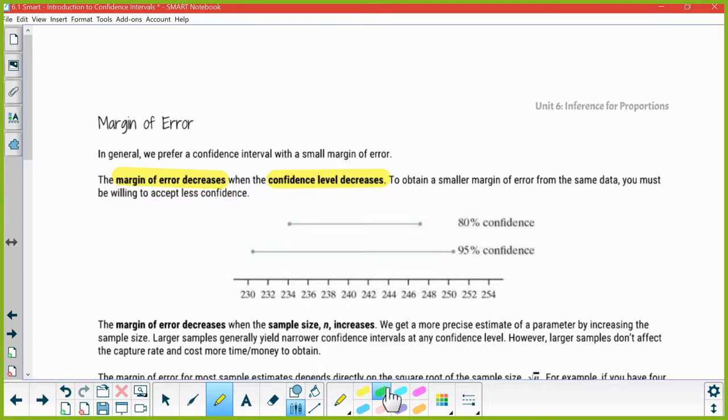If you look at our example, when I have a 95% confidence interval, it's really wide. That makes sense because I'm more confident that my larger interval is going to capture the true proportion. Then I dropped my confidence level down to 80, so I'm a little more unsure about it, and because of that, my interval shrunk.